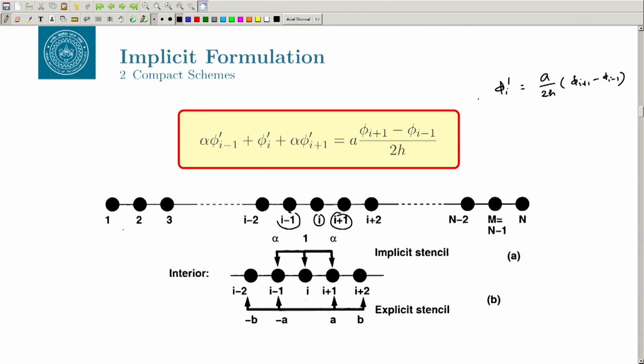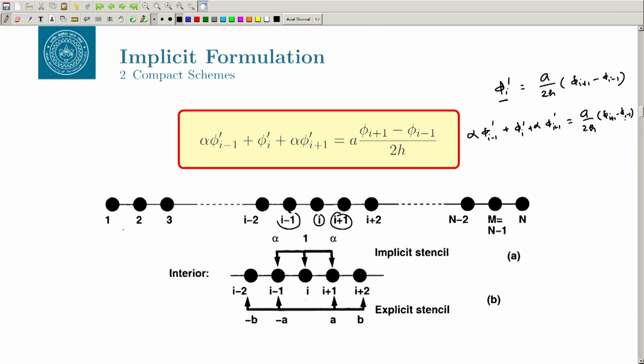If I want to solve it implicitly, that means I want to get the value of not only phi i prime, but also phi i minus 1 prime and phi i plus 1 prime, and we write our scheme in such a way that there is an alpha multiplying here on both the sides, with phi i plus 1 minus phi i minus 1 on the right.